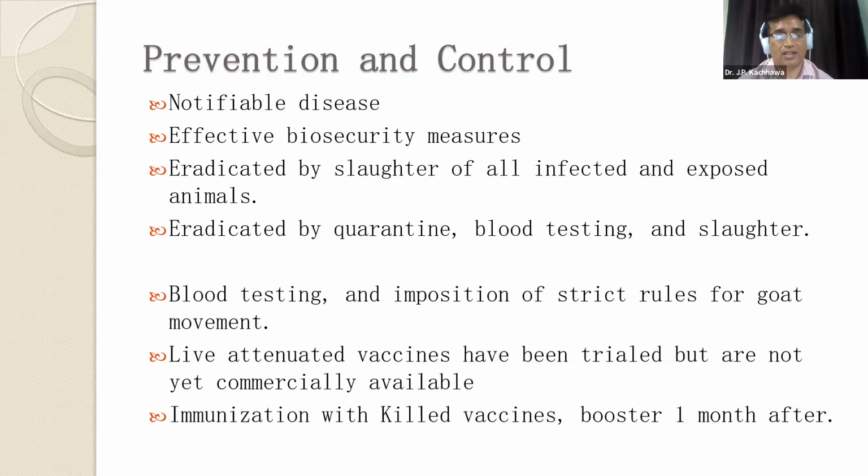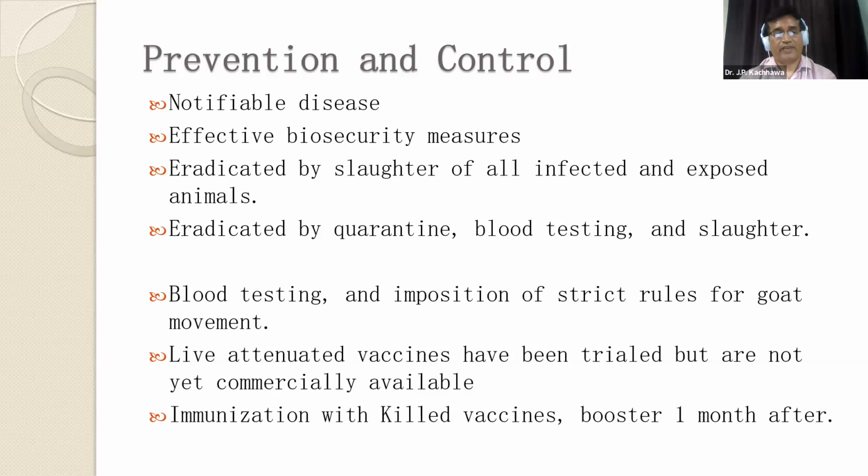So there will be no migration of animals from the infected area to other areas, or other animals to the infected area. There is a complete ban on purchasing or selling animals from that particular area, and there will not be any animal fair.